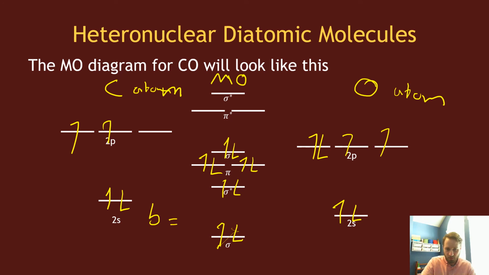So the bond order for this is going to be 3. So I'm going to have a total of 8 bonding electrons, 2 anti-bonding electrons, and so 8 minus 2 divided by 2 is equal to 3. So that's my bond order. So I would predict from this molecular orbital diagram that carbon monoxide has a triple bond. Okay.